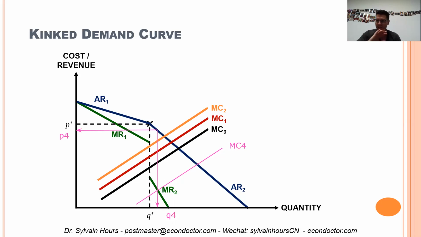Absolutely. This entire model is based on what businesses expect, about the expectations they have about their environments, and especially about the way their competitors will react to changes in prices.